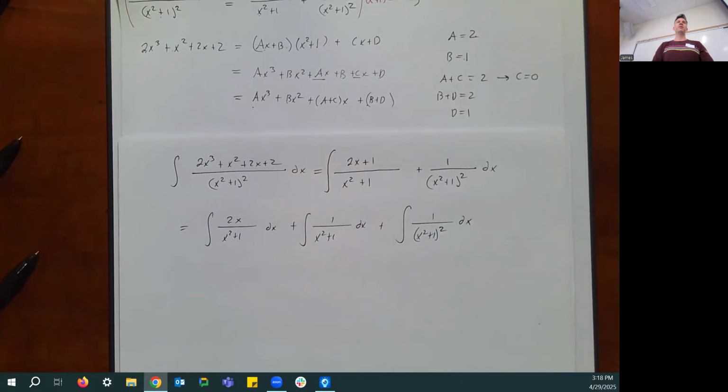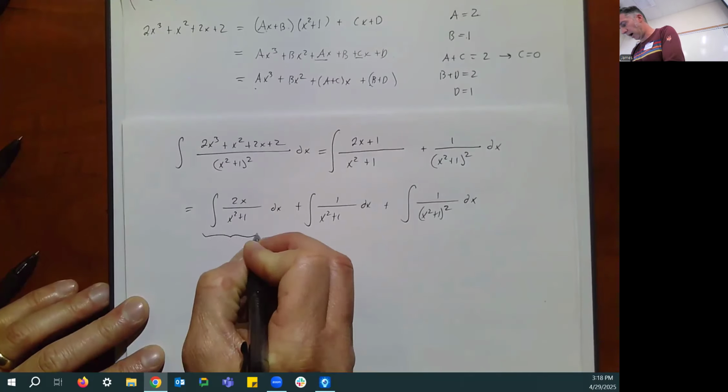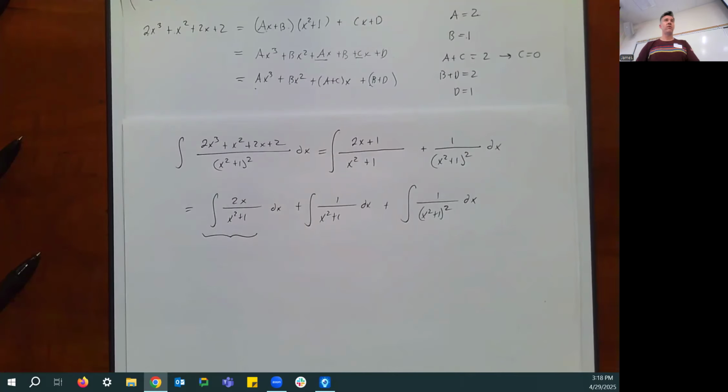Now, technically, the problem only said to rewrite it, but we're going to do it, obviously. So what I want to say here is that two of these integrals should be really, really straightforward. The first two. This one, I would like to imagine that all of you can just do by doing the u-sub in your head. u is the denominator, du is perfectly the top.